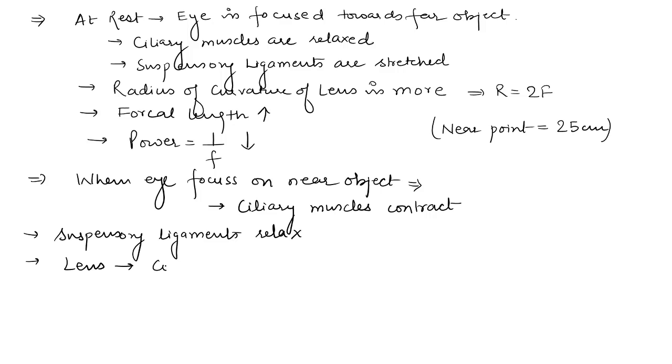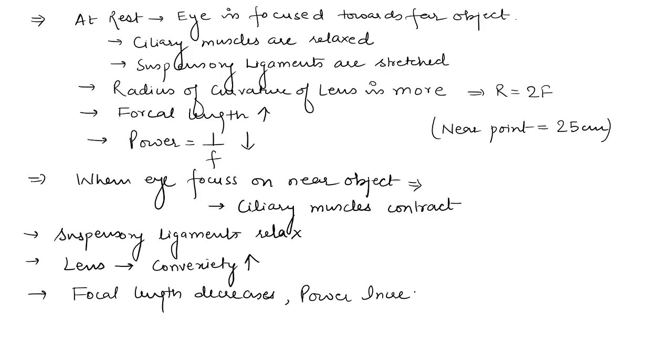The convexity of lens increases. The focal length decreases. Power increases. So this is the ciliary muscles contraction, the power of accommodation, especially for the nearby object.